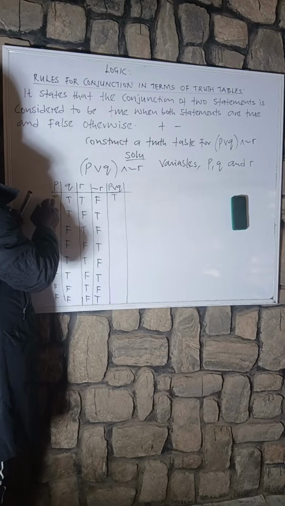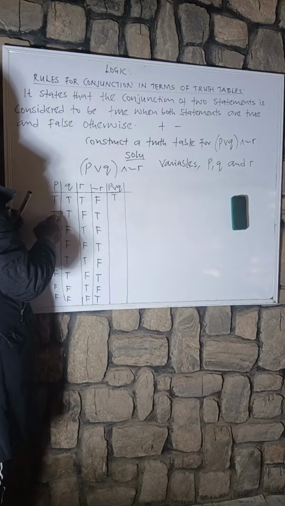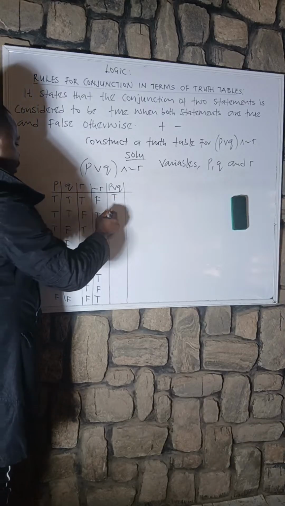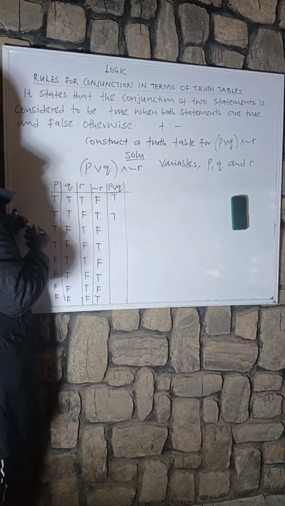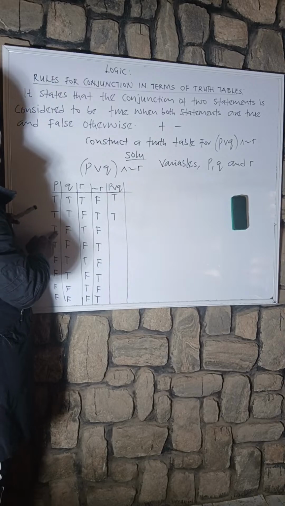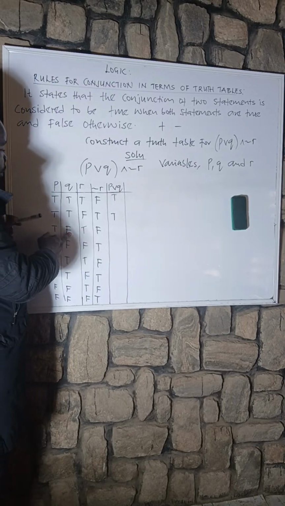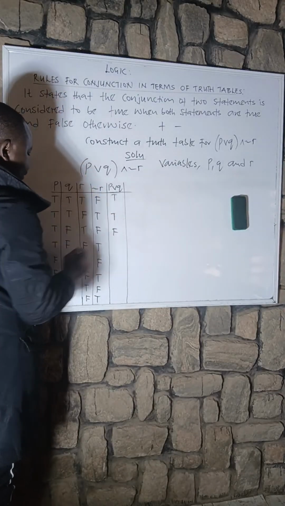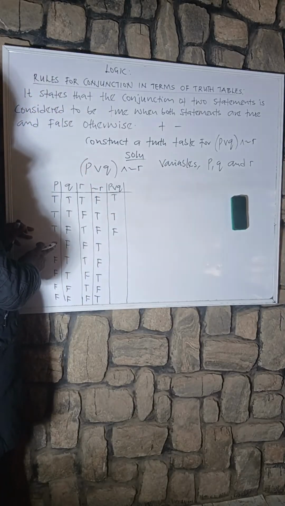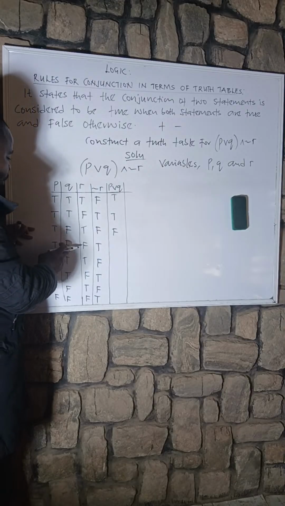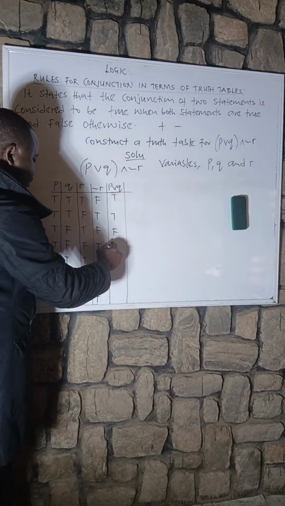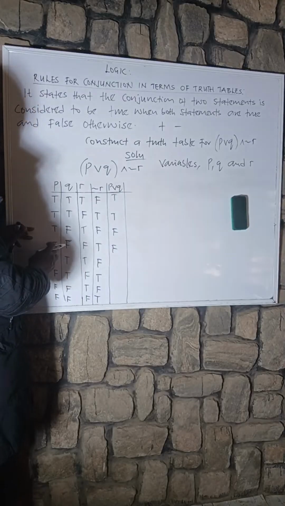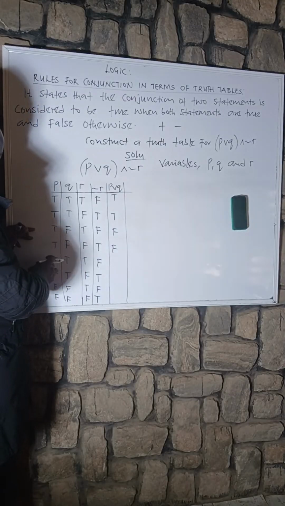You can see this is true, this is true, so here will be T. Then come here again, this is true and this is false, so you write F. This is true and this is false, what are you going to write? F.